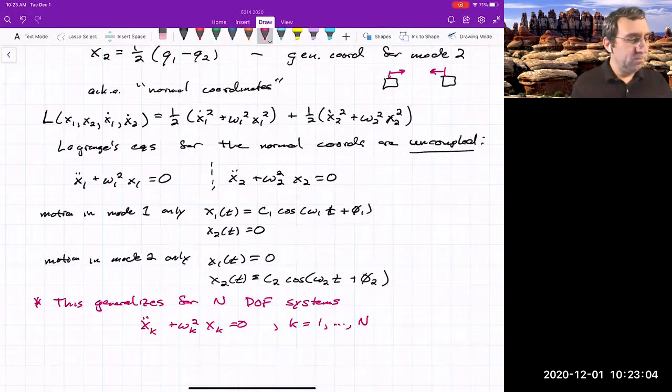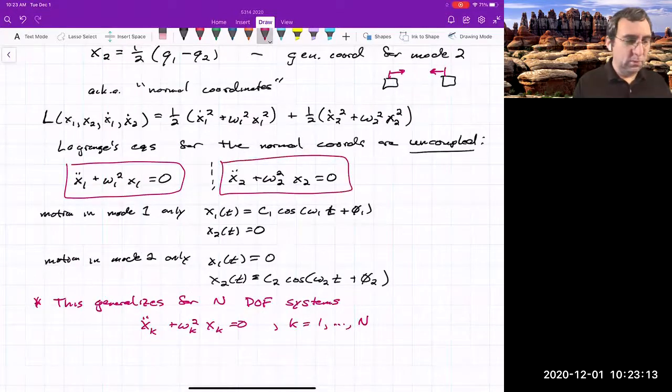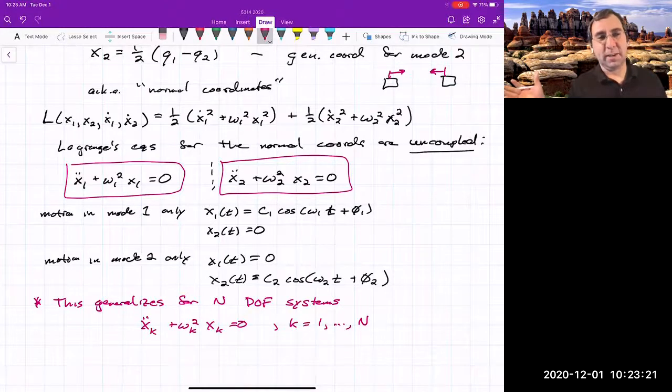There's another way to view this, because looking at these equations, in each of these it's almost like we've got two separate systems. We've got two separate harmonic oscillators, and the energy in each mode is separately conserved.